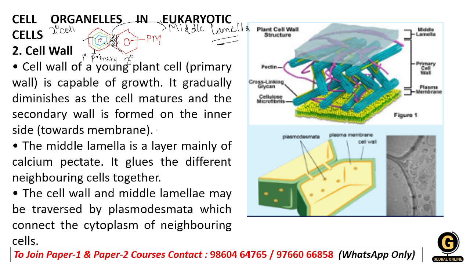How is this secondary cell wall? It is a mature cell wall. Okay. The middle lamella is a layer mainly of calcium pectate, calcium and magnesium. Calcium pectate makes the middle lamella.